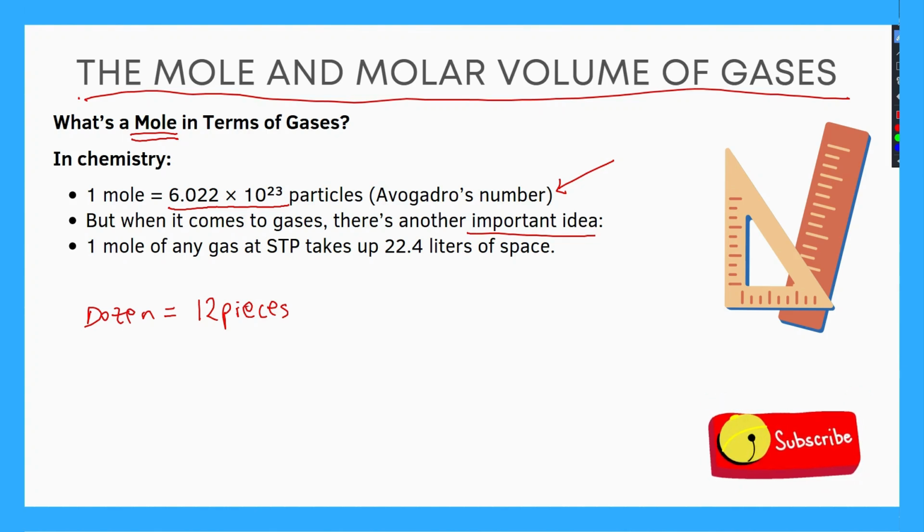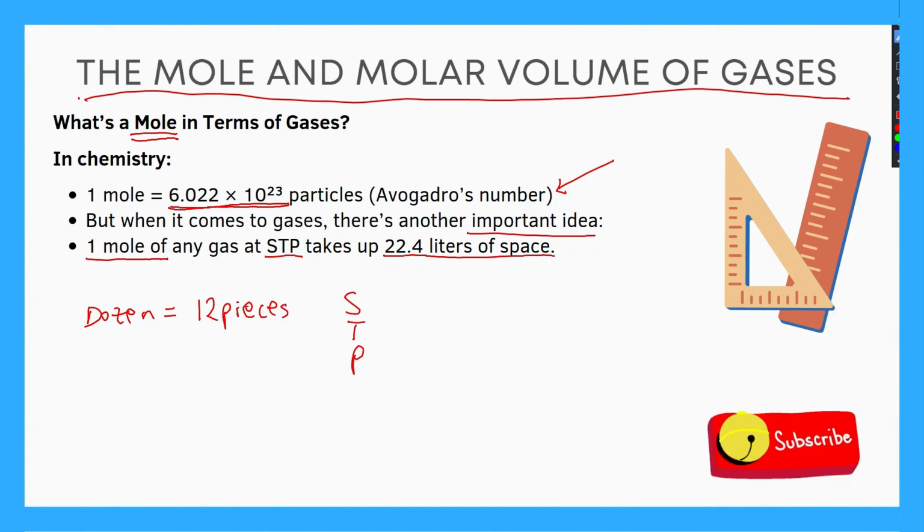You also need to know that 1 mole of any gas at standard temperature and pressure, that is what STP means, and we're going to get into that shortly, occupies 22.4 liters of space.